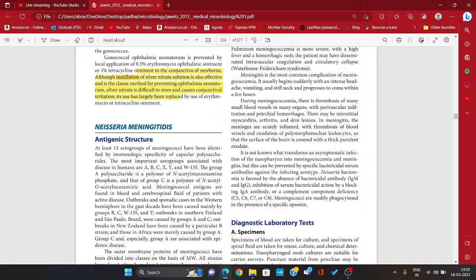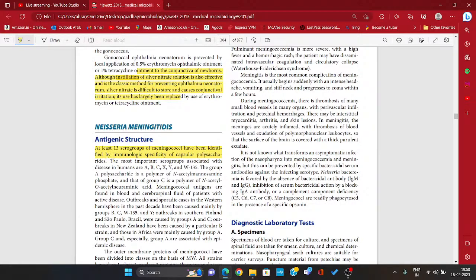Antigen structure: at least 13 serogroups of meningococci have been identified by the immunologic specificity of capsular polysaccharides.